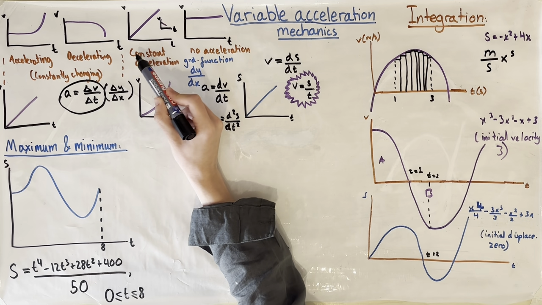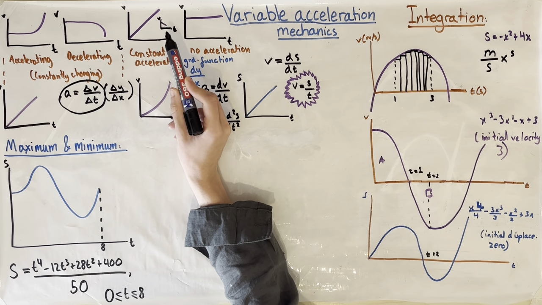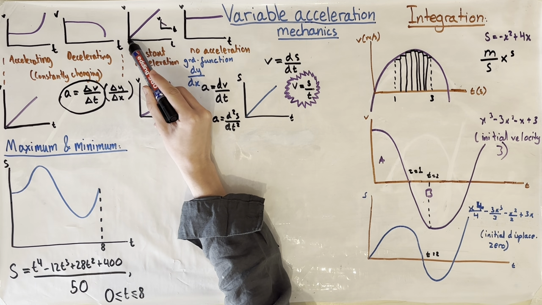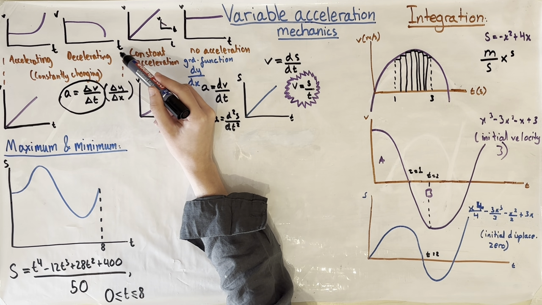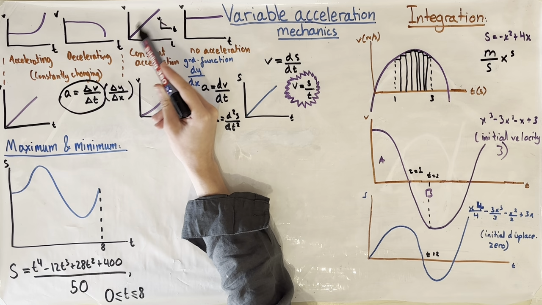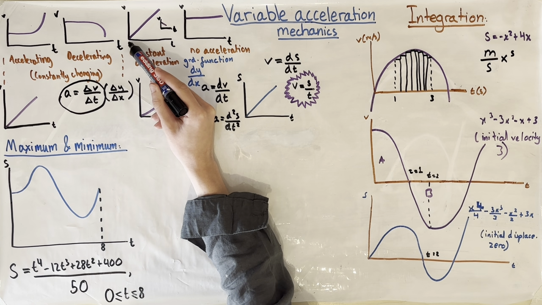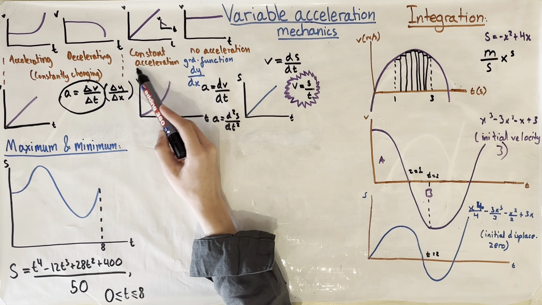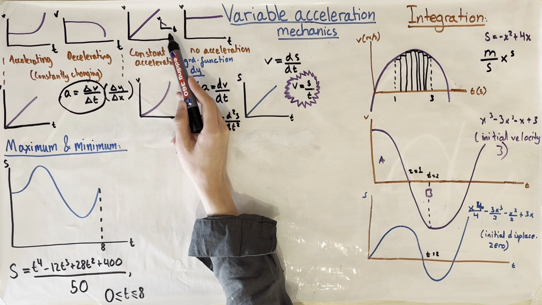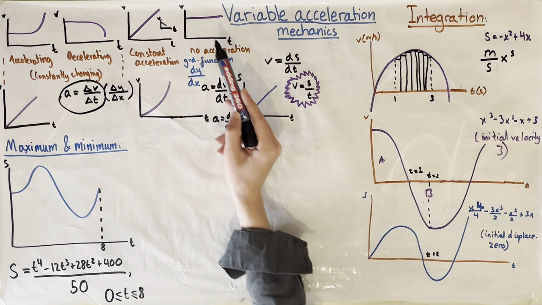Before, we had constant acceleration, where although the velocity was constantly increasing, the rate at which it was increasing was constant. So we had constant acceleration and constant deceleration, which is what this little graph here shows.